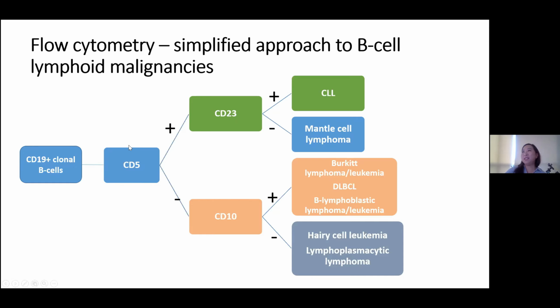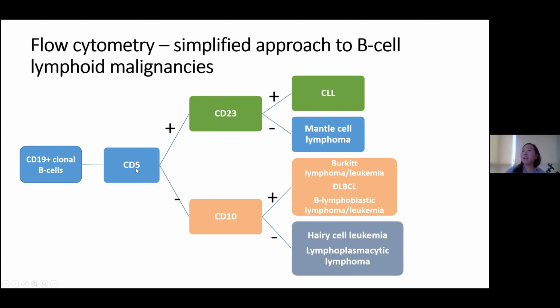And if it expresses both 5 and 23, there goes your CLL. That's a classic phenotype for CLL. And if it does not express CD23, that is another CD5 positive B-cell malignancy, there's mantle cell lymphoma.